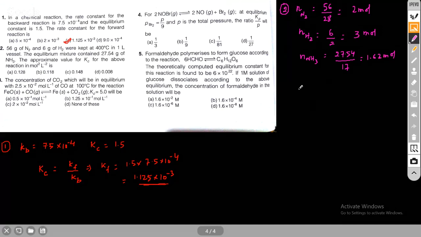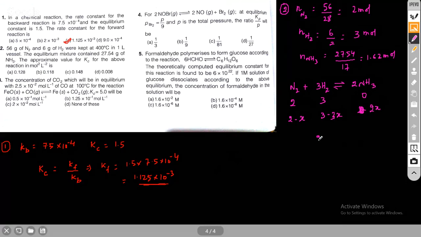Now the reaction we have is N2 plus 3H2 gives 2NH3, correct? Initial number of moles of N2 we have 2, H2 we have 3, and NH3 we have 0 initially. Okay. Saimir is getting C. So it is 2 minus X, 3 minus 3X, and this will be 2X.